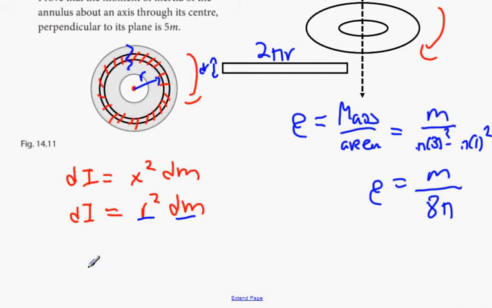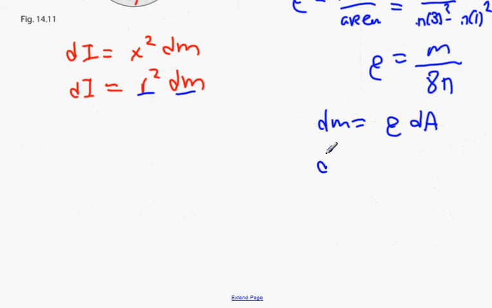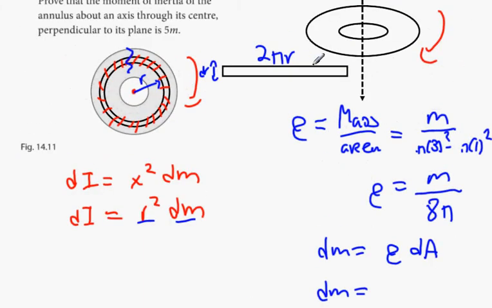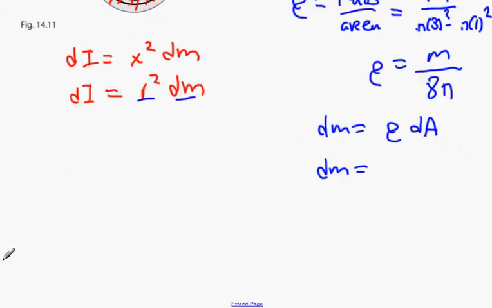Okay? Next thing we're going to do is try and sort out our dm here. So dm is rho dA, like last time. We're going to then change dA into area. And what is the area of that little thing? It's going to be 2 pi r dr. So rho times 2 pi r dr. We still haven't got it, but we actually have it pretty workable at the moment.